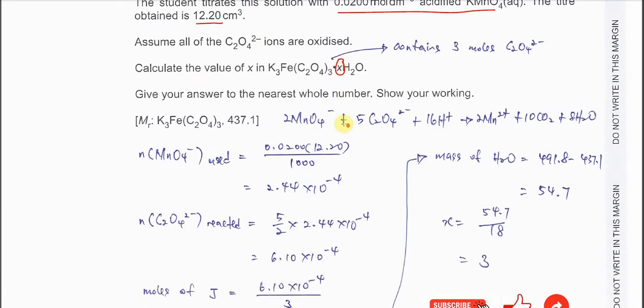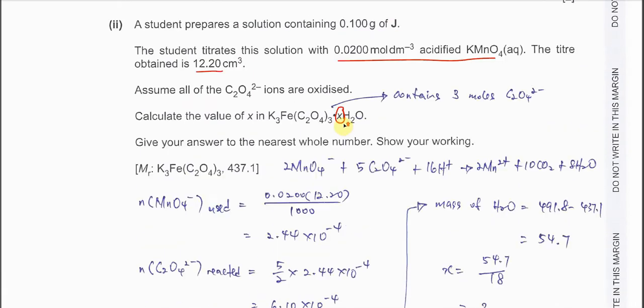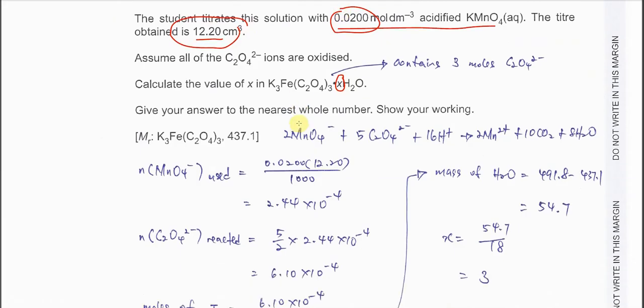Now, first, because the volume is given and the concentration is given, you can easily calculate the moles of KMnO4. The moles of KMnO4 means the moles of this permanganate 7 ion. So you just use MV over 1000, and you get the moles.